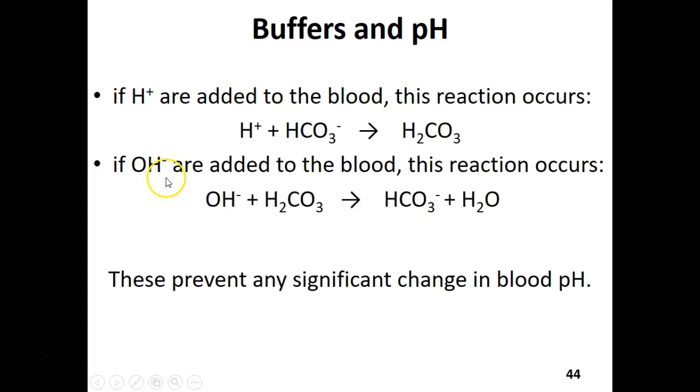If a lot of hydroxide or alkaline substances are added to the blood, the hydroxide mixes with the carbonic acid, producing bicarbonate, which is a much less alkaline substance, and water, which is considered, depending, I guess, slightly acidic, to bring us back down.